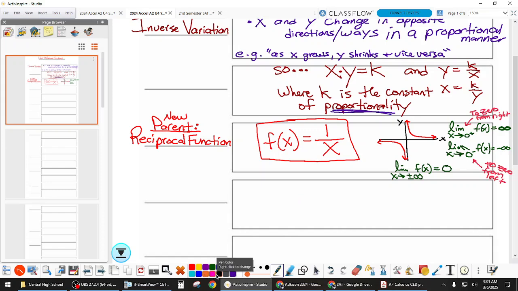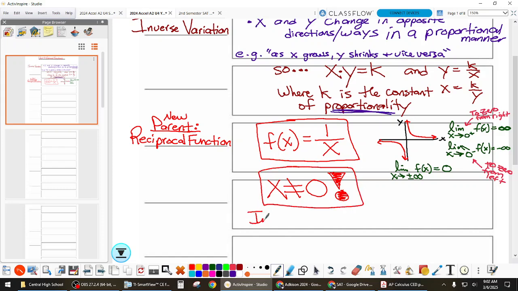All right. What can x not be? 0. Why? Because you can't do 5 divided by 0. Okay, so we'll start establishing this idea now.